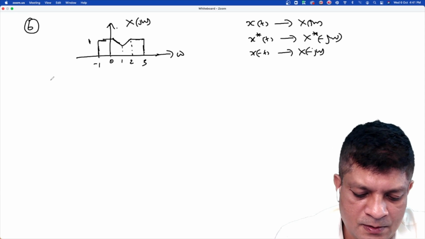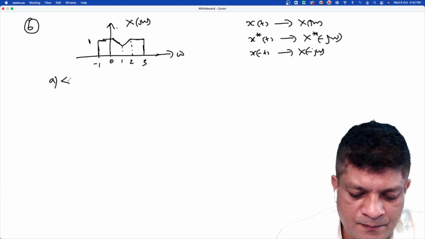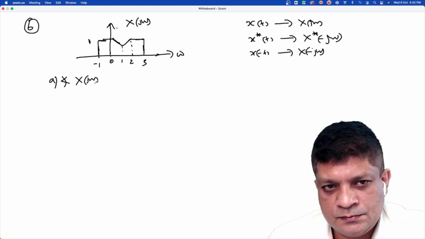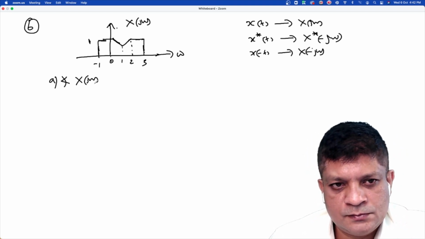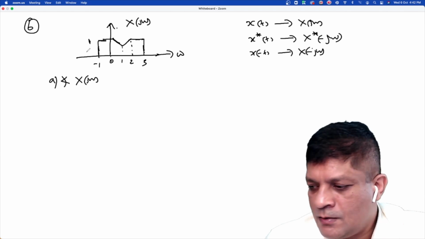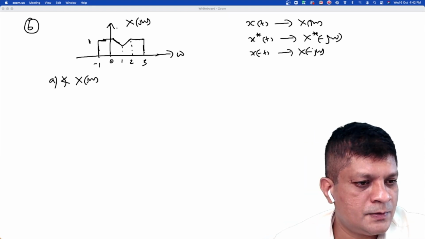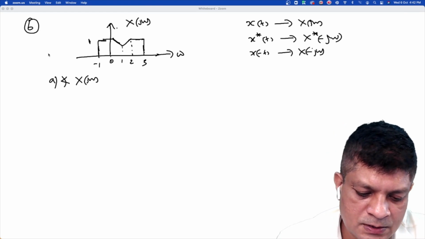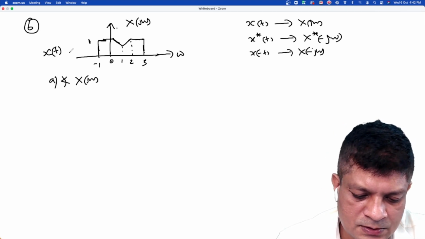So tell me what is the phase angle of X(j omega)? Omega or minus omega? Minus omega. How do you get that? Let's say the signal is x(t).